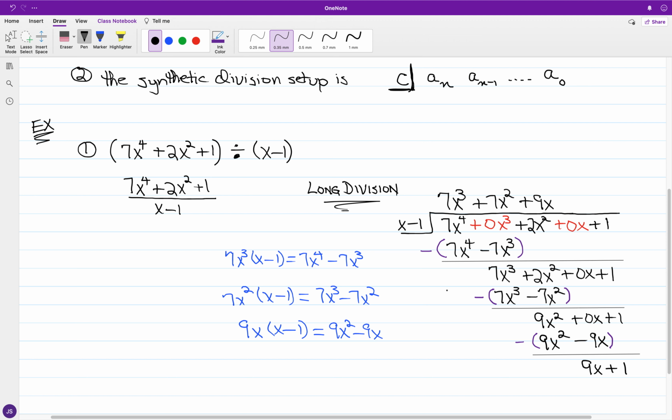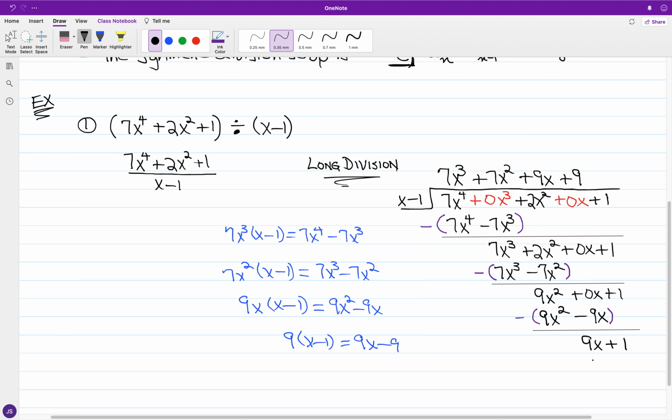And now, we're going from taking x into 7x to the fourth, 7x cubed, then to 9x squared, and finally we have x into 9x. So this is going to go 9 times. So you have 9 over x minus 1. So this will be 9x minus 9, and those will be situated underneath the 9x plus 1.